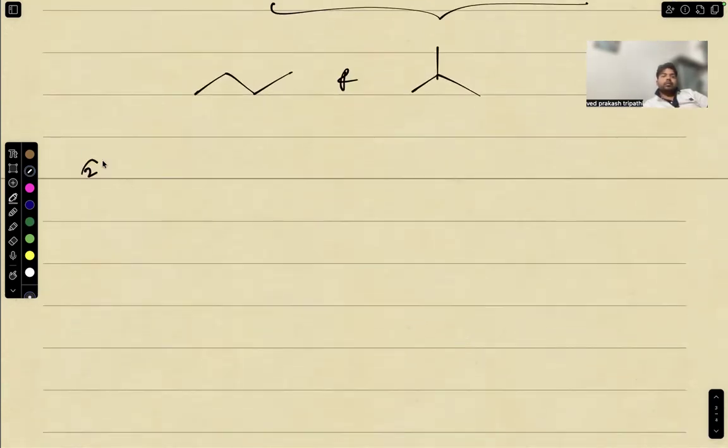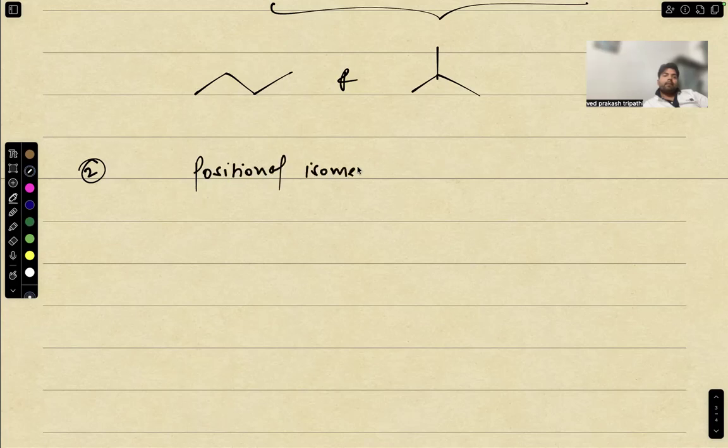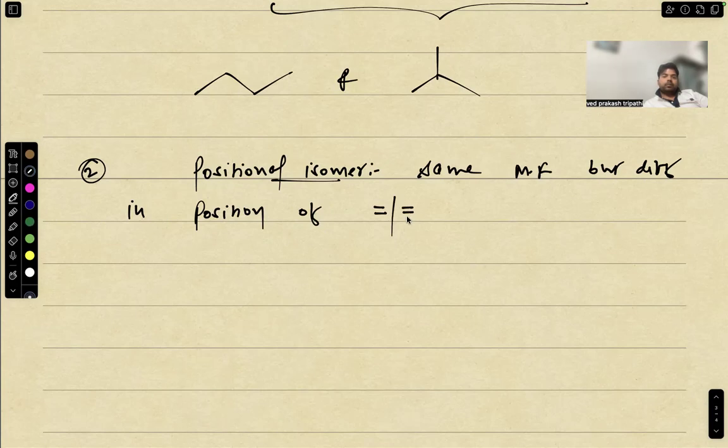Next, positional isomer. Same molecular formula, but difference in position of double bond, triple bond, functional group, substituent.